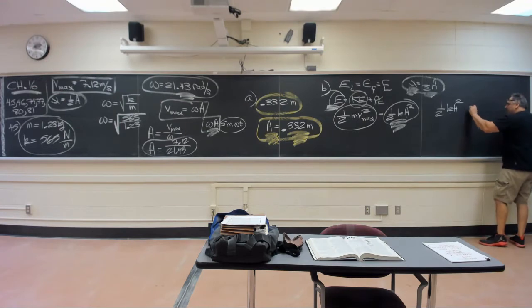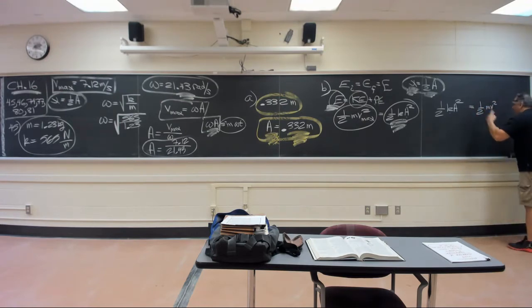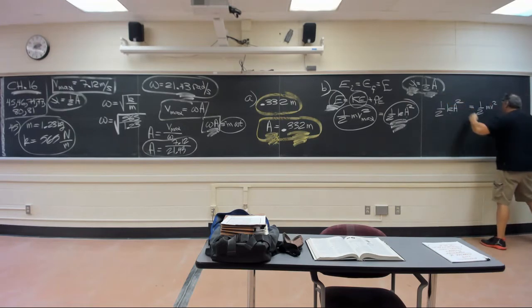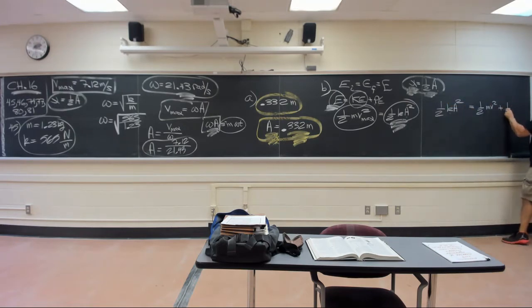If you don't hit the extremes, you've got to add them together. You've got to say, well, wait a minute. There's 1/2 mass v squared when the thing happens to be at 1/2 A, plus 1/2 k x squared. Well, we already know that x is 1/2 A. Okay, sounds pretty good to me.